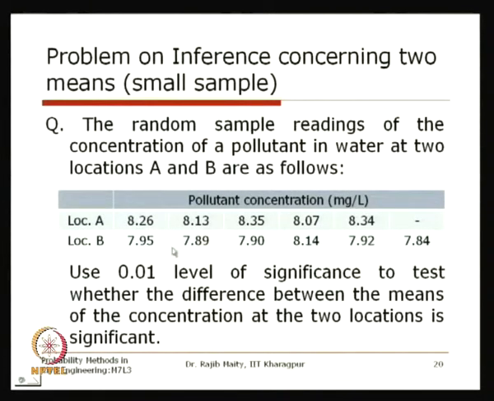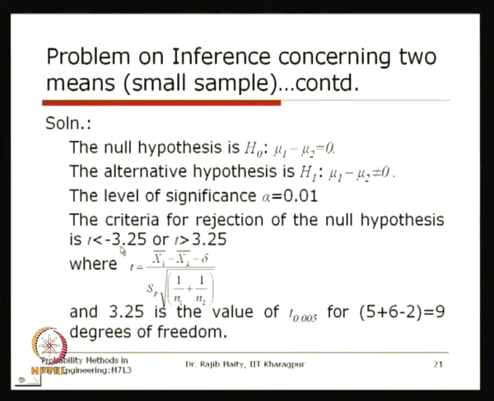This is 5, this is 6, so 5 plus 6 equals 11, minus 2, so 9. With 9 degrees of freedom at significance level 0.01 we get these two values, minus 3.25 and 3.25. So, if our test statistic falls in this region, then we should reject the null hypothesis.